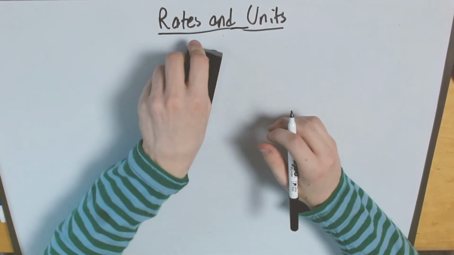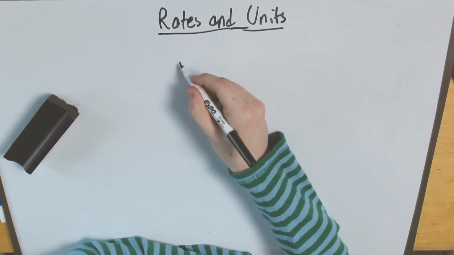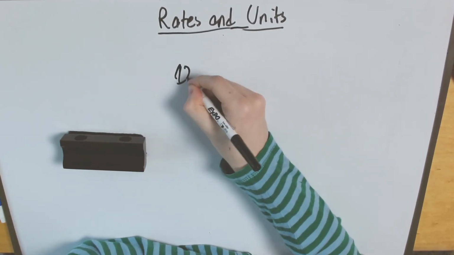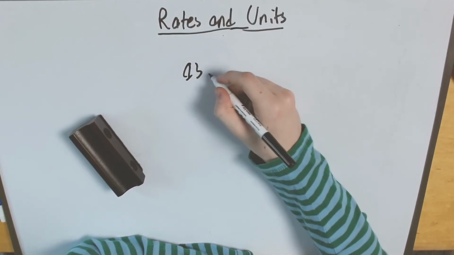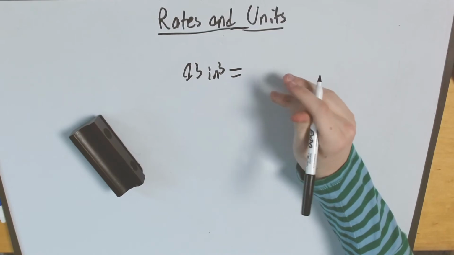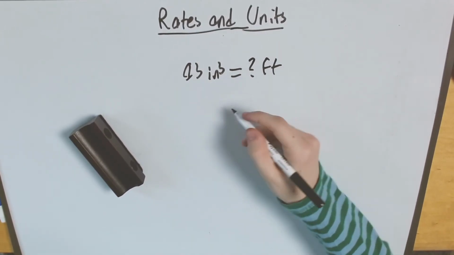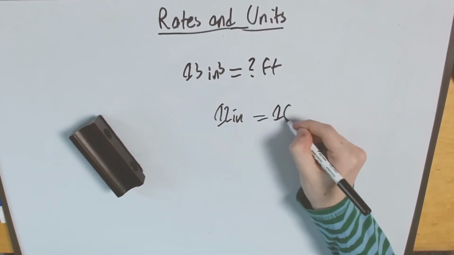So let's say we're given 13 cubic inches, and we're asked to convert that into cubic feet. How many cubic feet is that? We know 12 inches, just inches by itself, is equal to 1 foot.